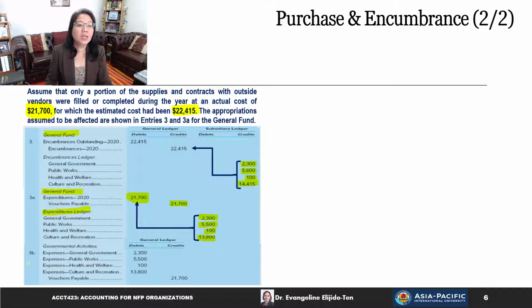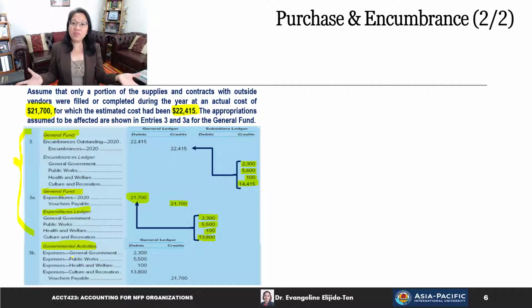Because we're doing the dual track approach, we need to also know what is the impact of this in the governmental-wide activities. So the first two journal entries are in what level? General fund. Journal entry 3B is actually the governmental activities entry.